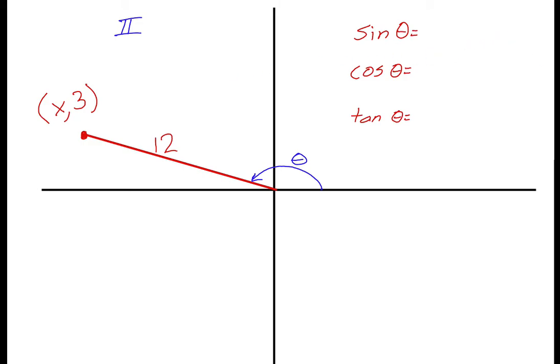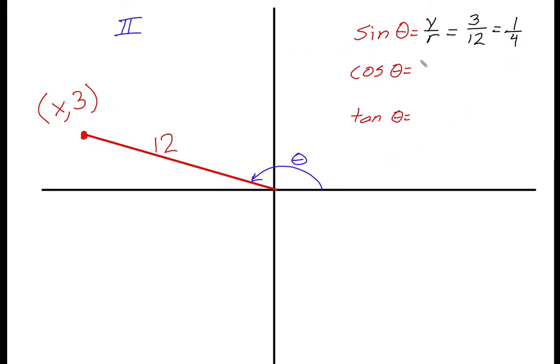We need to figure out sine, cosine, and tangent. Well, sine is the y-coordinate divided by r, and we know both of those. The y-coordinate is 3, r is 12, so it's 3/12, which we could simplify to 1/4.